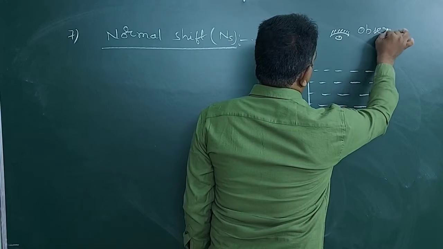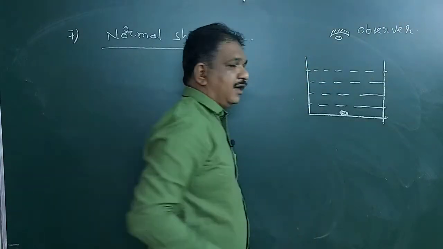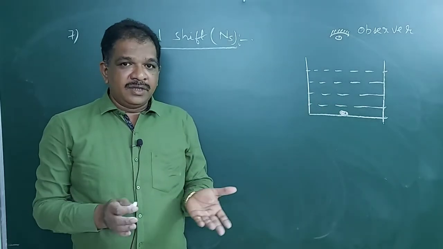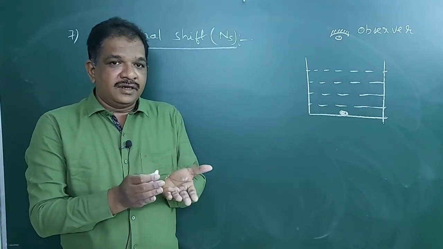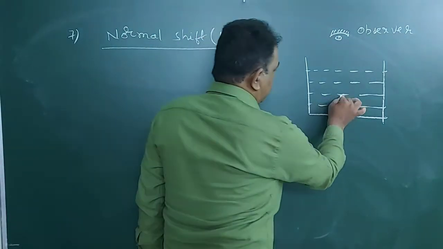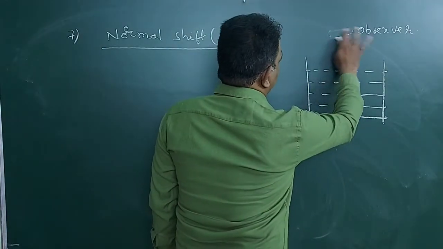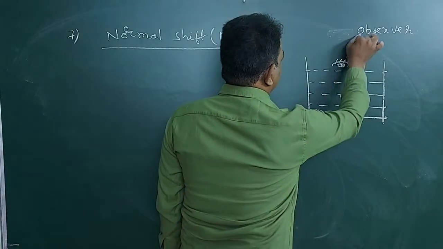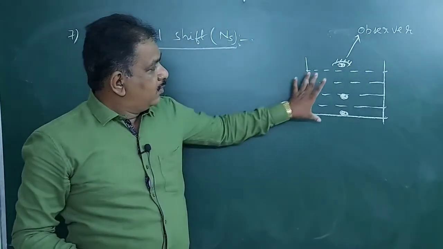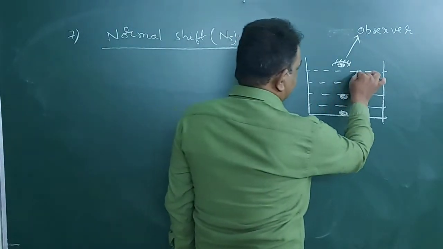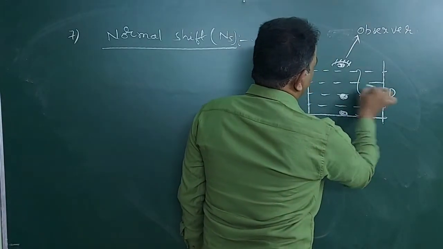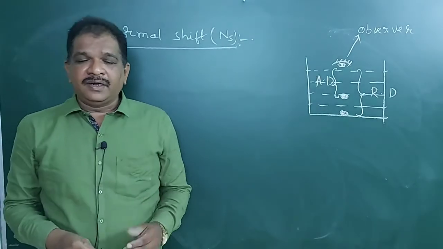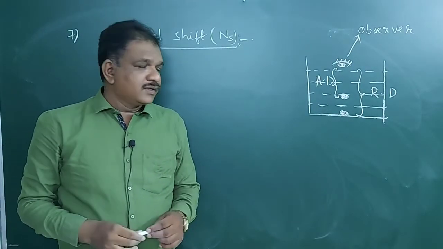So here the observer is in the rarer medium, the object will be in the denser medium. Then the object will come closer than the distance. So it will appear like this. Or here the observer is in the air but closer to the surface. So then this will be the real distance. This will be the apparent distance. Calculate that apparent distance, like that questions will be there.